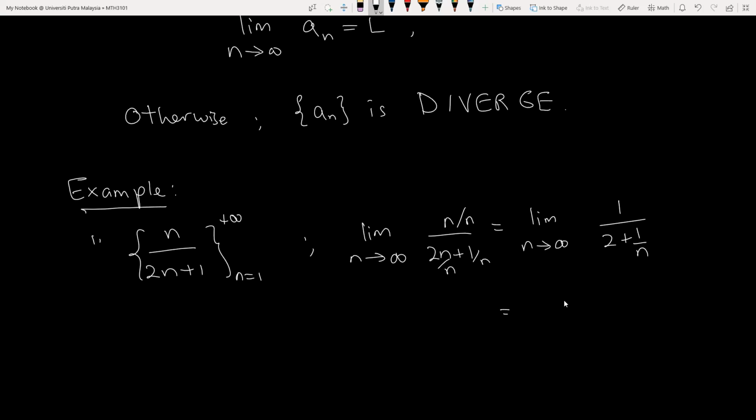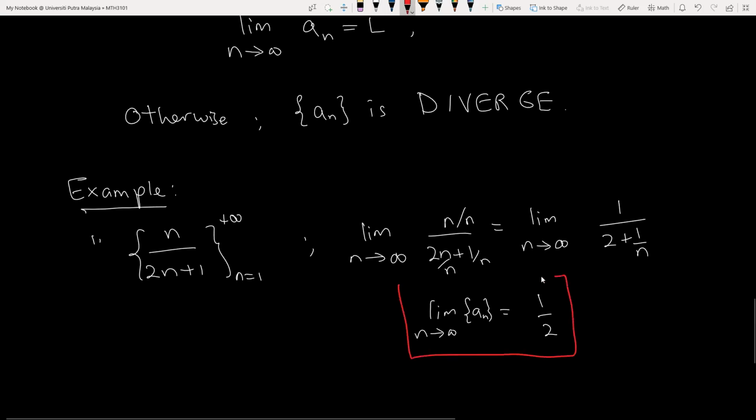So this is just equal to 1/2. The conclusion is this converges to a single value.